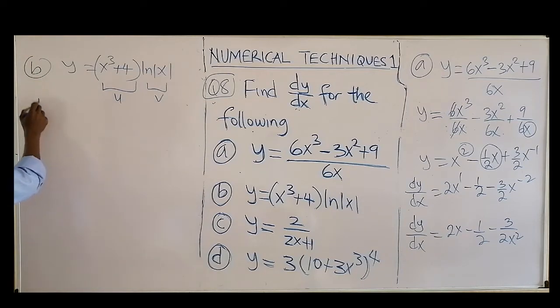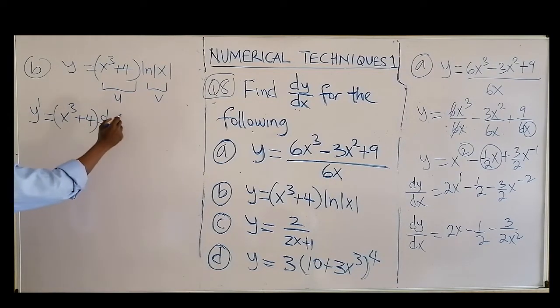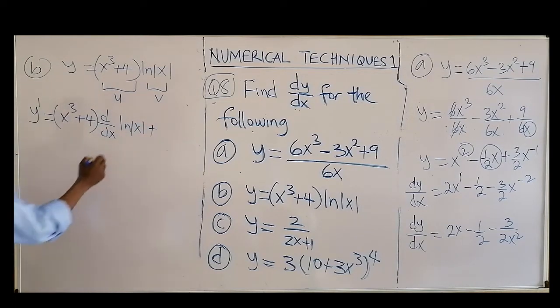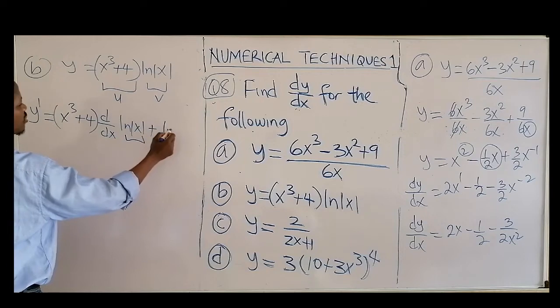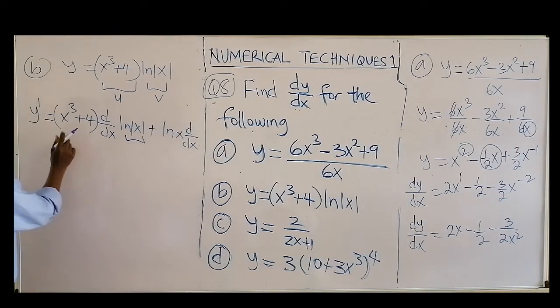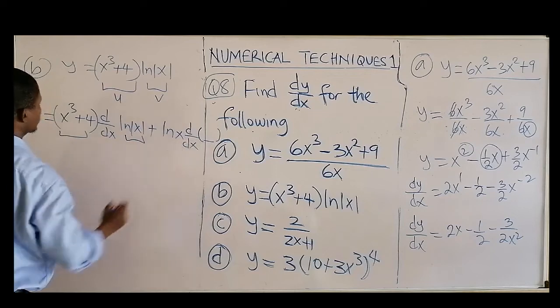For the product rule, dy/dx will be equal to: you take one as constant, then you differentiate the other function, and then you keep the differentiated function constant and differentiate the one you had kept constant.